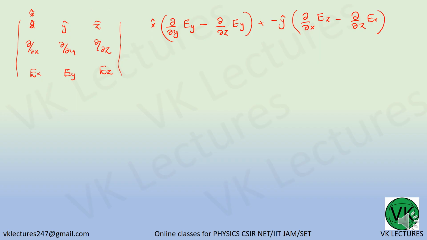Wait a minute, that is dou by dou y of Ez minus dou by dou z of Ey, sorry. Okay, fine. Plus z cap into dou by dou x of Ey minus dou by dou y of Ex.